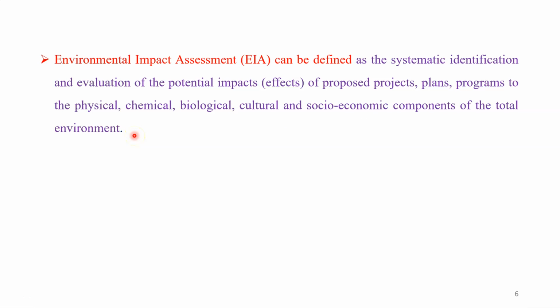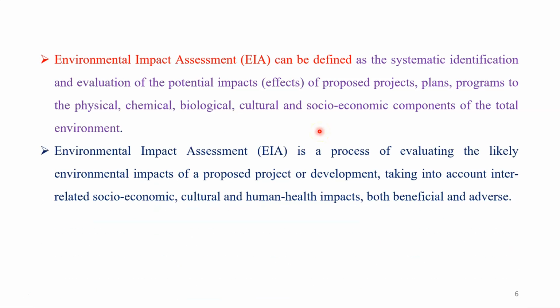This definition is somewhat different from the previous one, because when we talk about the impact of a project, we have to assess its impact on the physical, chemical, biological, and cultural environment, and last but not least, the socio-economic condition of society. That is very important.